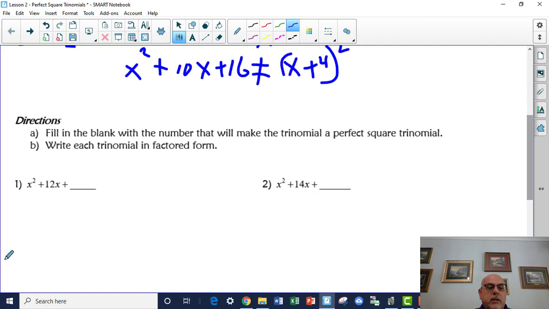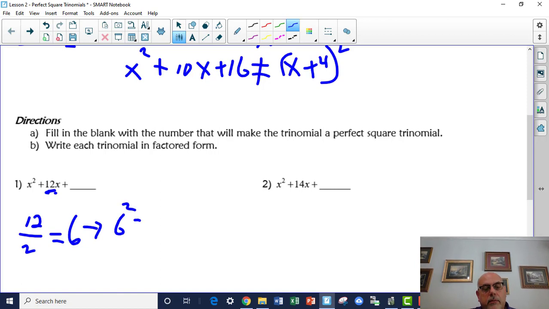So we're going to do a little practice for how you determine whether it's a perfect square trinomial or not. What will make it a perfect square trinomial is you take the b term, the middle term, you divide it by 2 and you get 6.